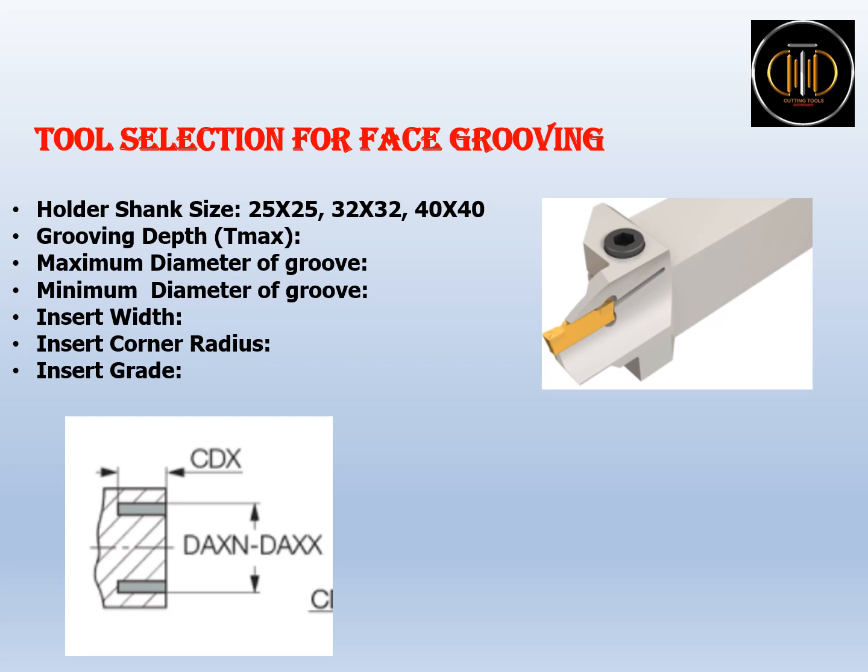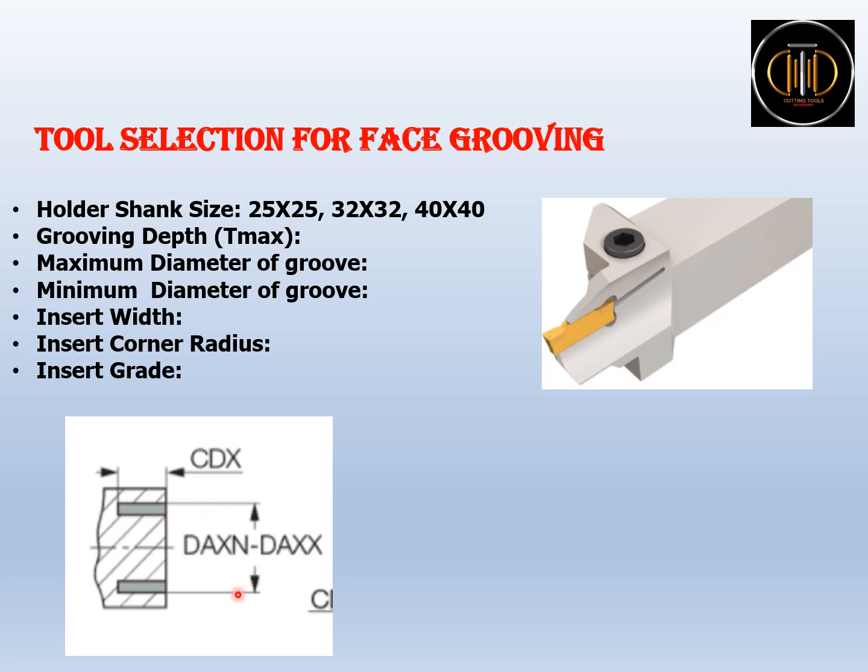Selection of the face grooving tool is very important. Here again the shank size is required, and the grooving depth, T-max. Then the maximum diameter of the groove and the minimum diameter of the groove are important. These are DAXL and DAXS. This is the minimum diameter, this is the maximum diameter, and this is the width of the groove.